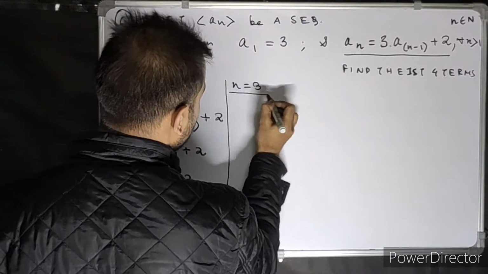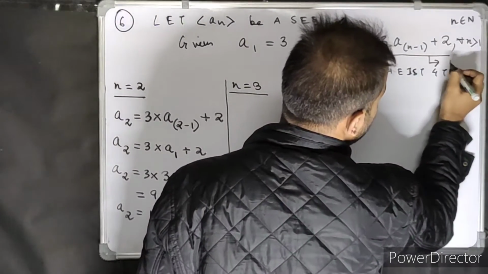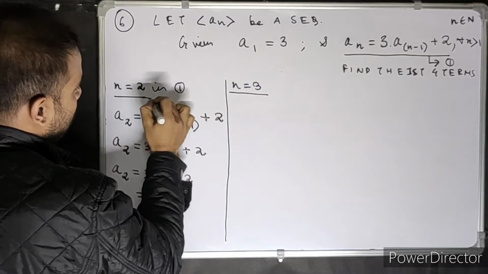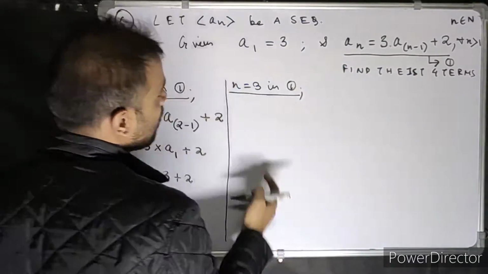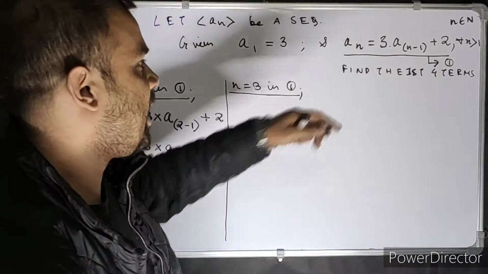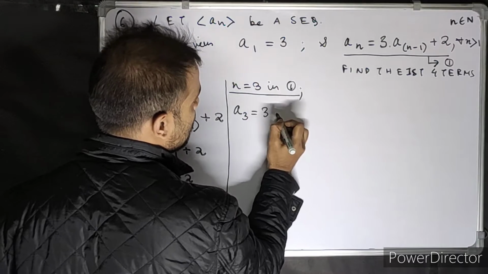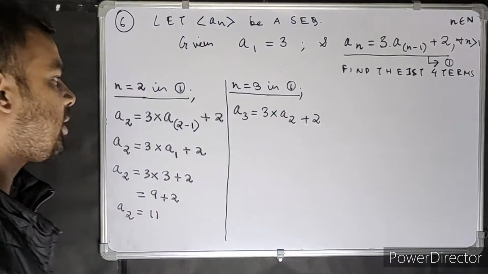n equals 3. Now you can write this as equation number 1, because you can write now in 1. Every time you write in 1, that means you are putting n equals to whatever value in that equation. So a_3 is equal to 3 into a_2 plus 2. I told you I will not be splitting every time.